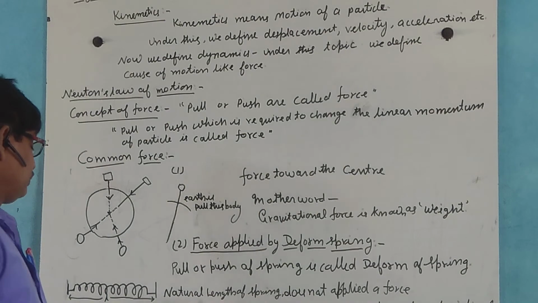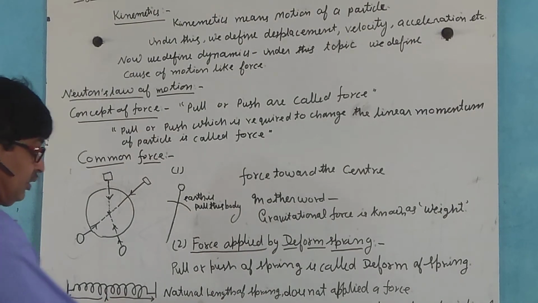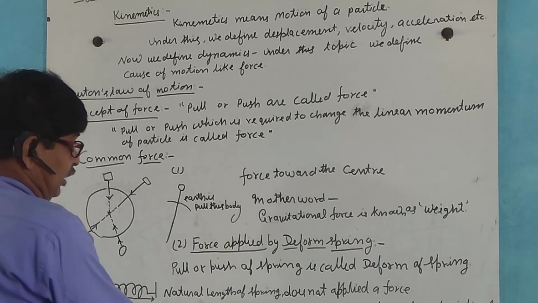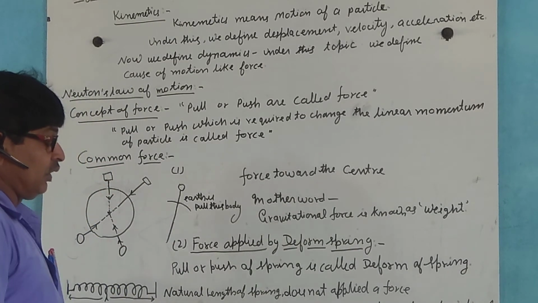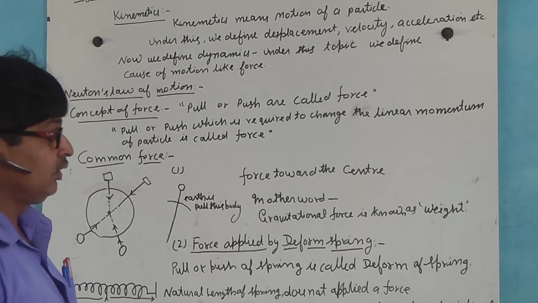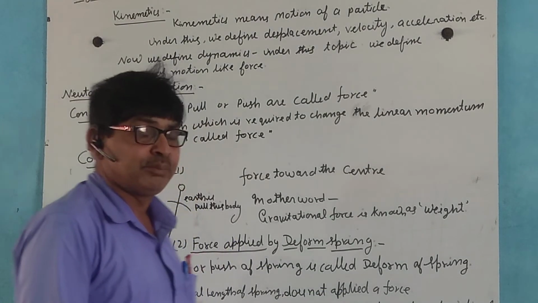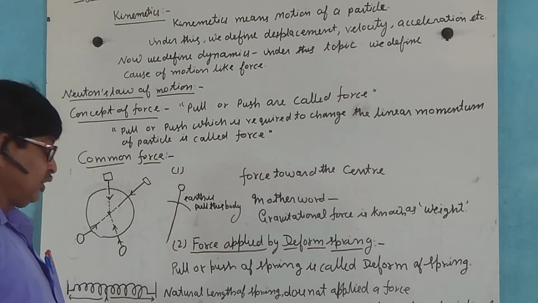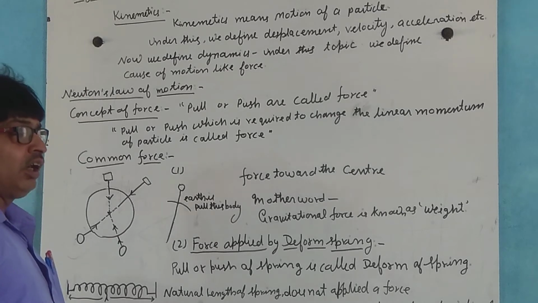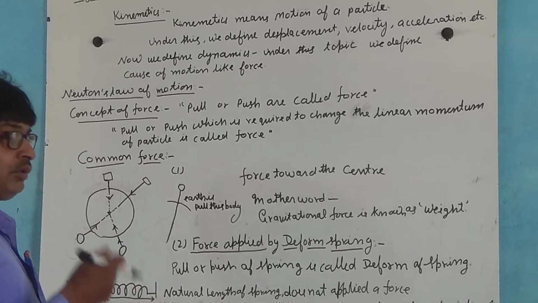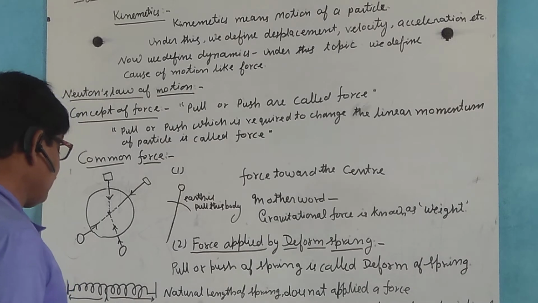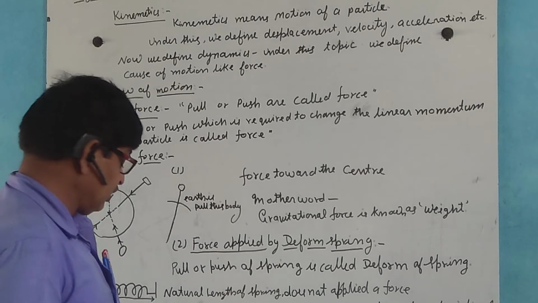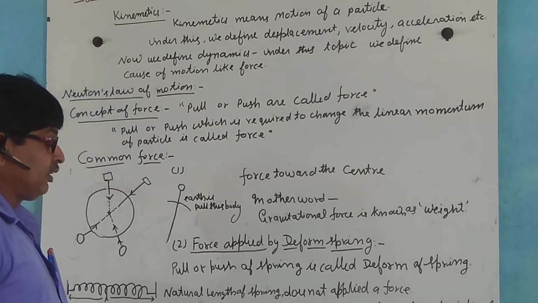But if you apply the force in this position, that force is Kx, where K is the spring constant, the characteristic of the spring, so that if you apply this force, its length increases by x, and if you push and apply the force in this case, the spring contracts in the form of this.